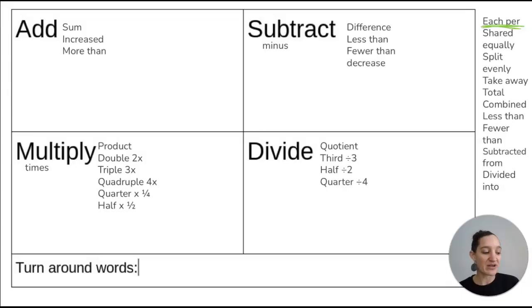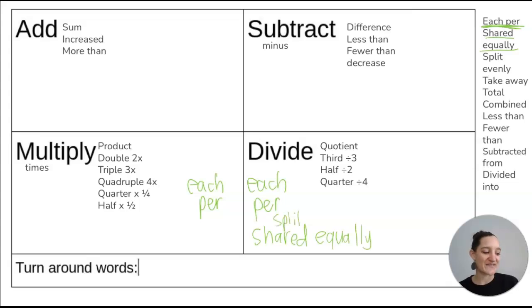Now if we're doing something with each and per, it could mean multiply. It could also mean divide. If something is shared equally, that definitely means we are going to divide. Shared or split evenly, we're going to be dividing.